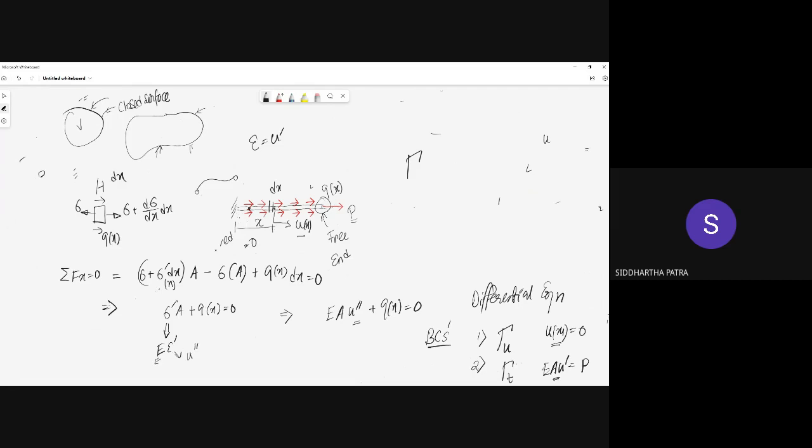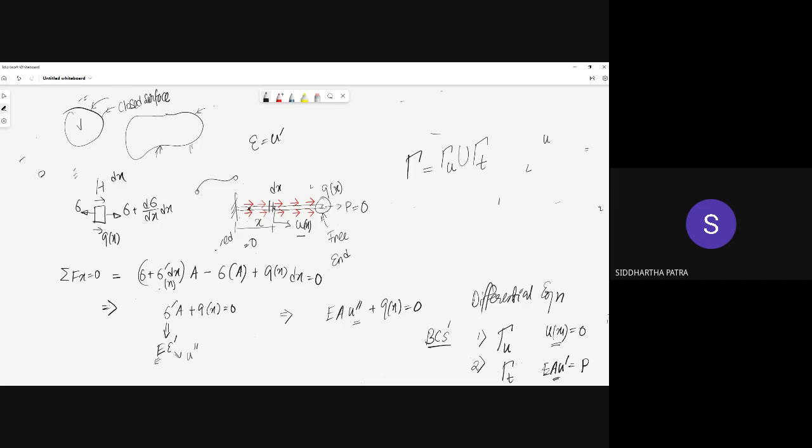Now whether you are solving a problem in 1D, 2D or 3D, the shape of the boundary would change, but what would remain common is that your total boundary is simply the union of your boundary where the displacement boundary condition is given and where the traction boundary condition is given. For example, here I could have simply skipped putting a p right here. There is no p, but still it would be gamma t. It is just that there is a p, but that p is 0.